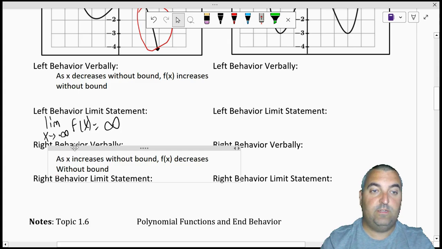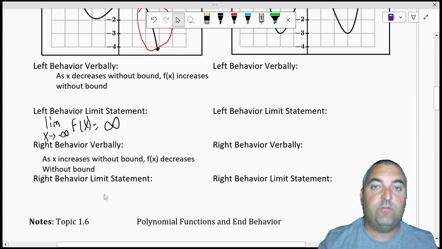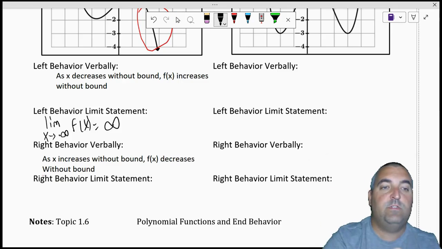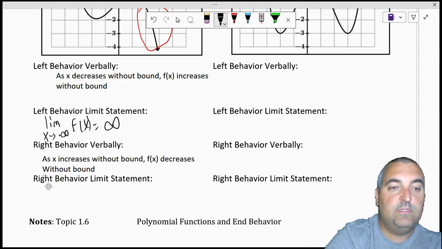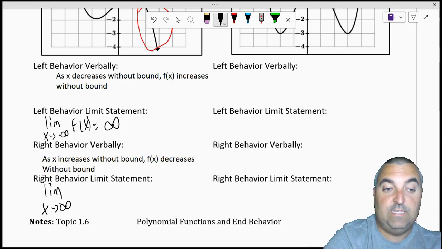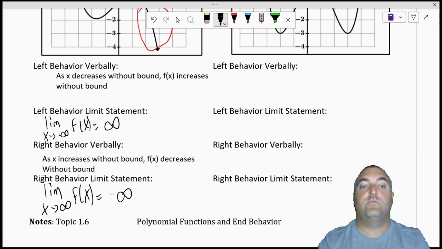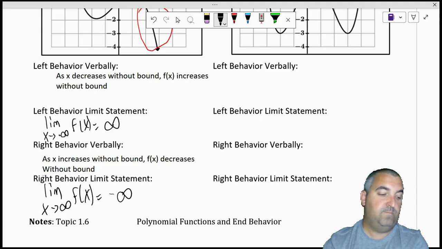That's how we would write it verbally. And to write it mathematically, we do the same thing, except this time we say as x approaches positive infinity of the function equals, and this again is decreasing without bound, which means it goes to negative infinity.